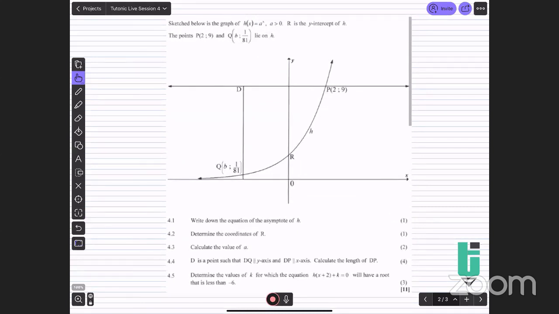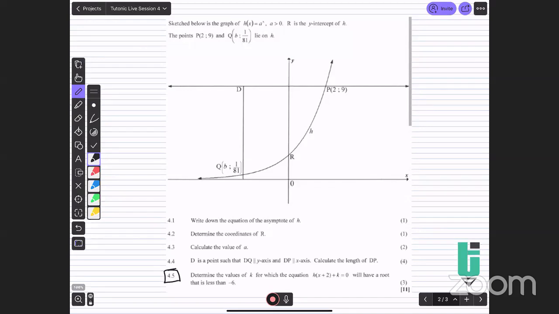You wanted 4.5, and maybe we can just revise the first 5 questions. It says sketched below is the graph of a to the power of x, and a is greater than 0. R is the y-intercept of h, and the points (2; 9) and Q(1/81; 9h) are on the graph.